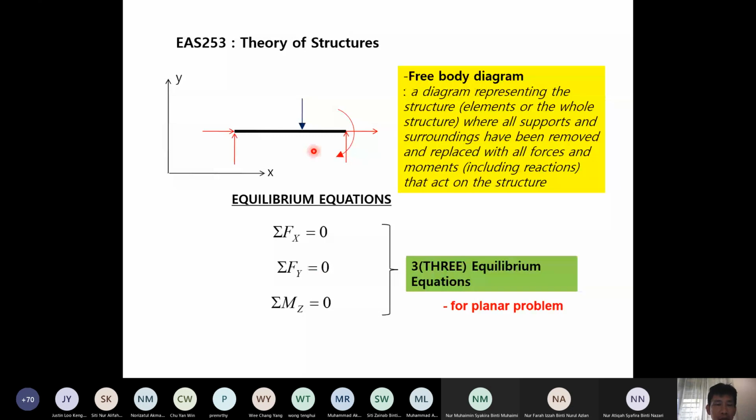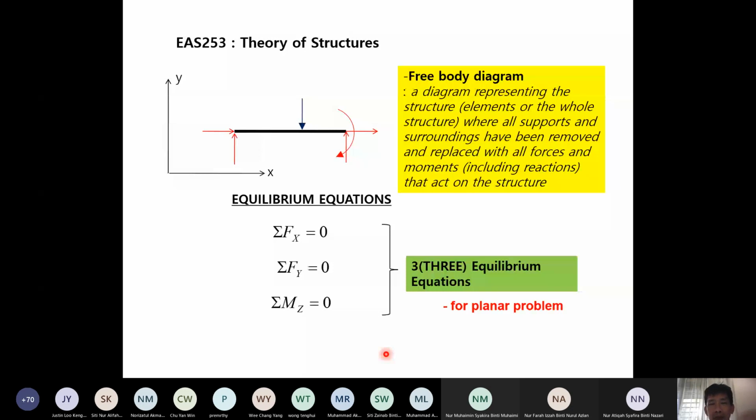Okay, the summation of moments around the z-axis, with x, y, and another axis z. So the moment acting in this plane, caused by the forces within this plane, around the z-axis. The z-axis is the third axis here. It should be 0. So these are the three equilibrium equations that we have.